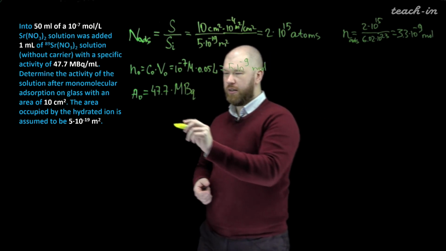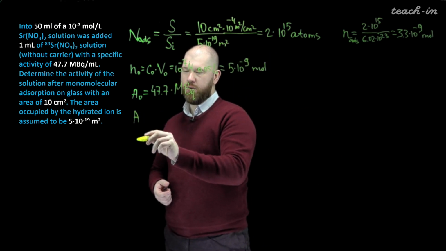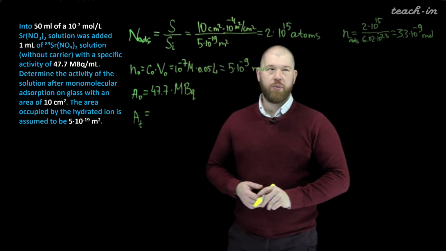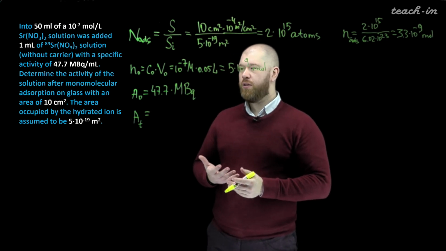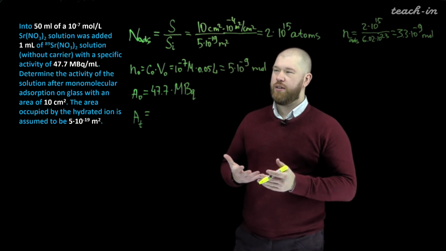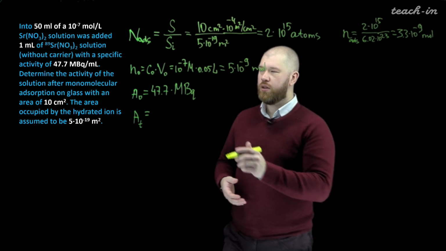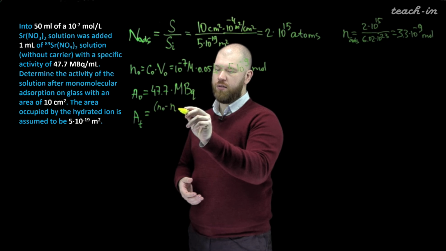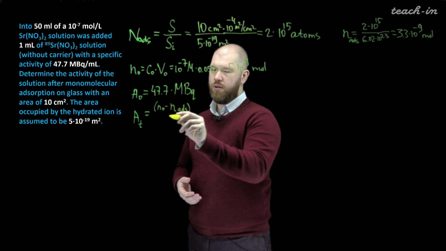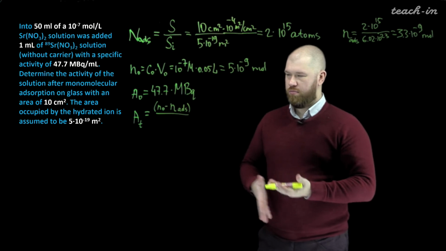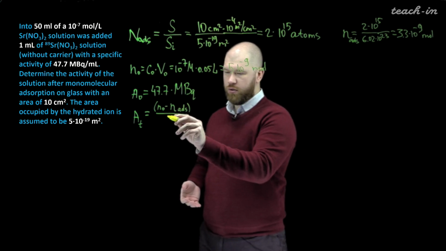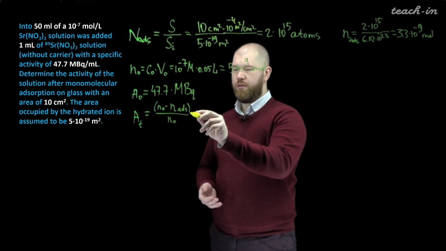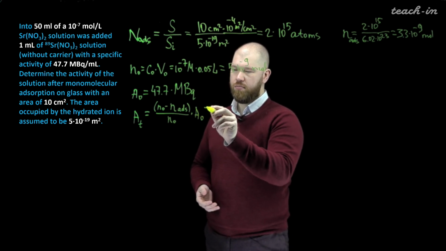Okay, and the activity after adsorption will be equal to the number of atoms that are still in the solution, so it is N0 minus N adsorbed, divided by the number of atoms in the initial solution, and then multiplied by the initial activity.